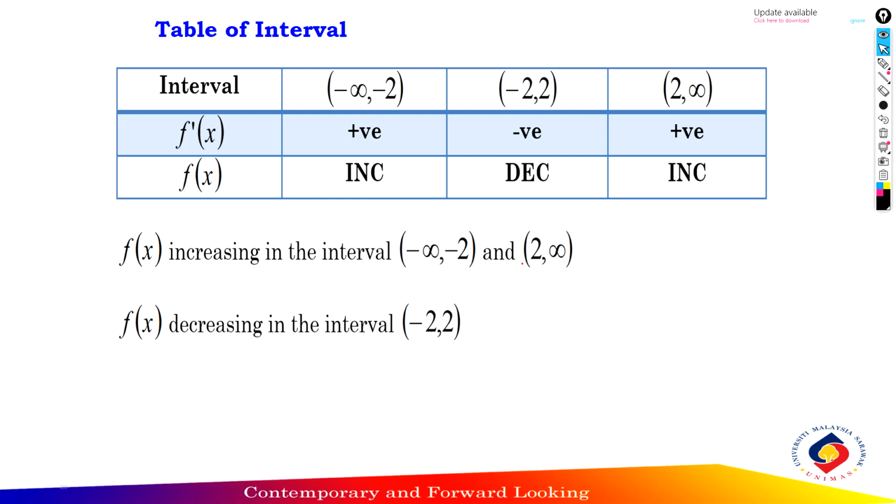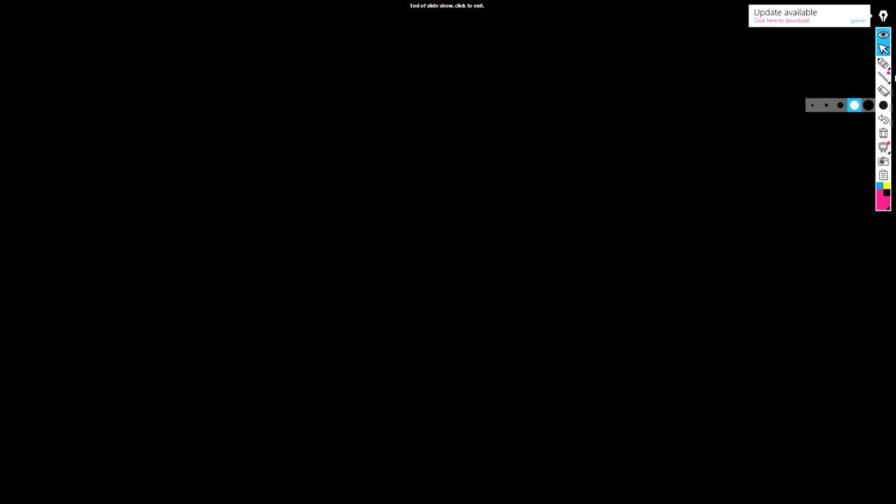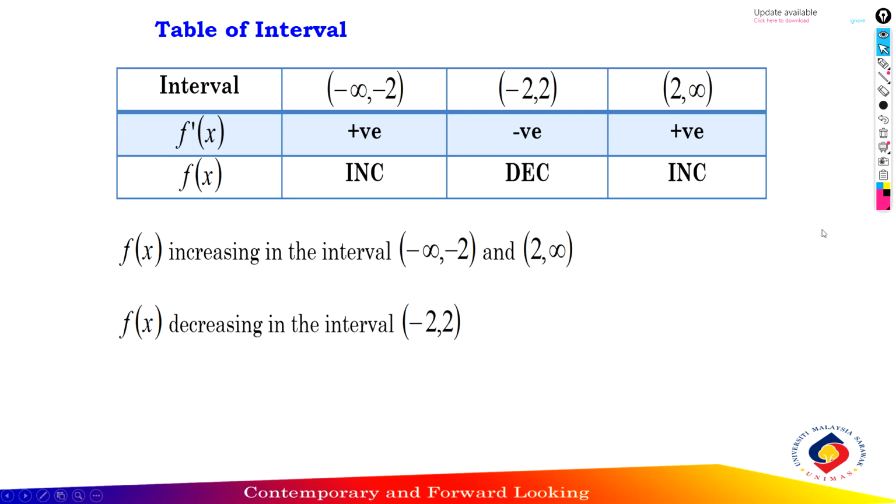Okay, and the answer: f(x) increases in the intervals negative infinity to negative 2, and 2 to positive infinity. And second, f(x) decreases in the interval negative 2 to 2.